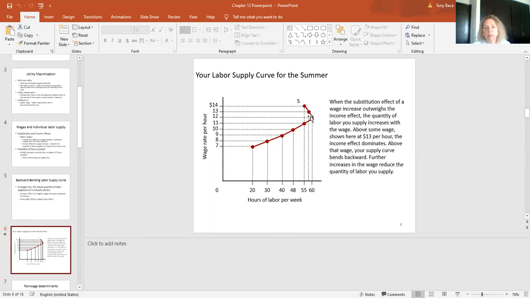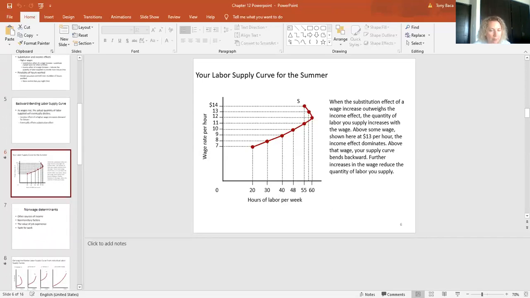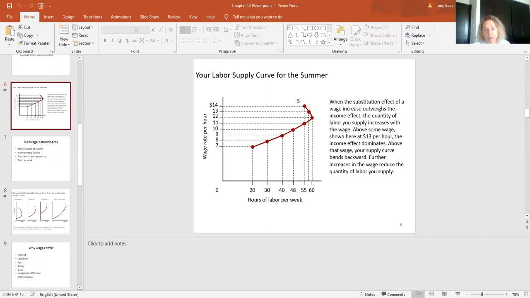And they've just made a decision that they want to get some leisure back in their life after working 60 hours a week at $12 an hour, okay? Again, completely subjective, happens at a different place for everybody. But it's a phenomenon you need to understand. There will likely be an exam question.